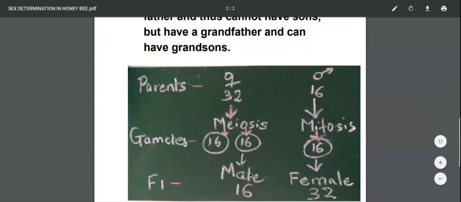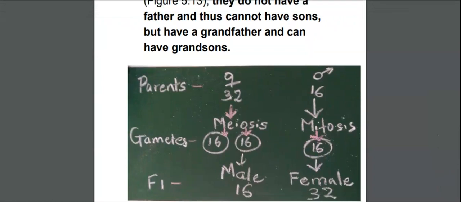But how does he have a grandfather? If you look here, this is his grandfather, right? Because this male can fertilize the egg produced by a female, and that unfertilized female egg has transformed into the male. So he has a grandfather.